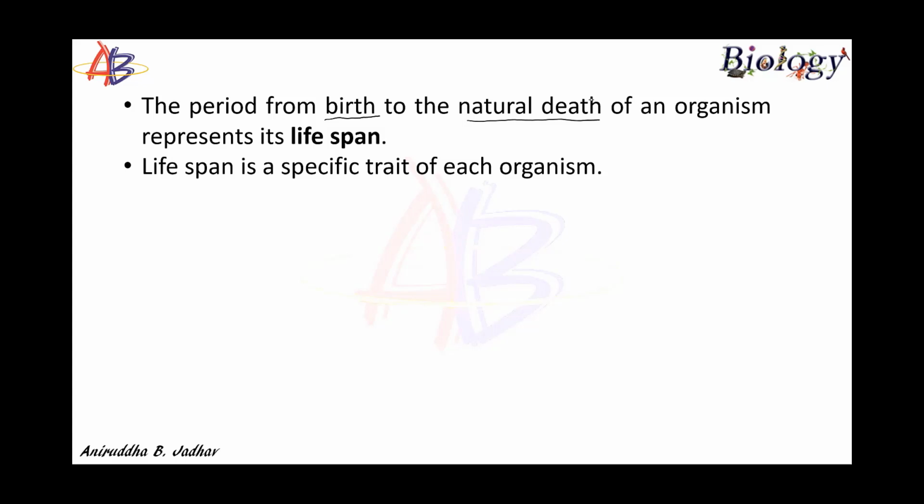So during classification also you might have learned that while we are classifying organisms, we consider both the similarities and differences. Similarities to group them together and the differences to separate them apart. So lifespan is one such trait which is very specific for an individual species.